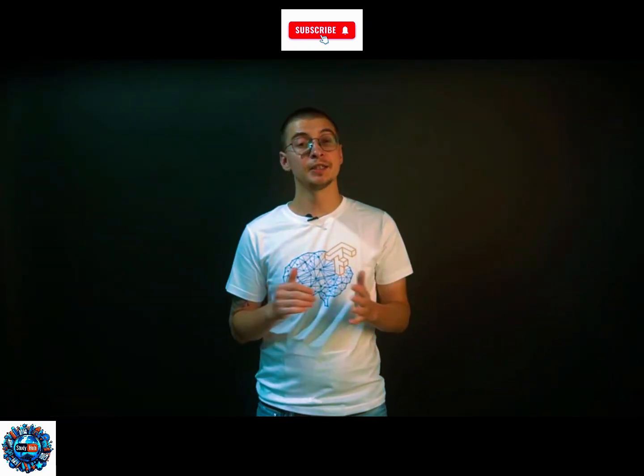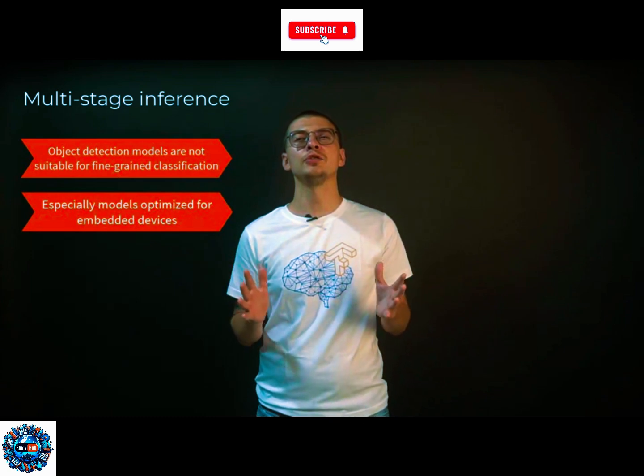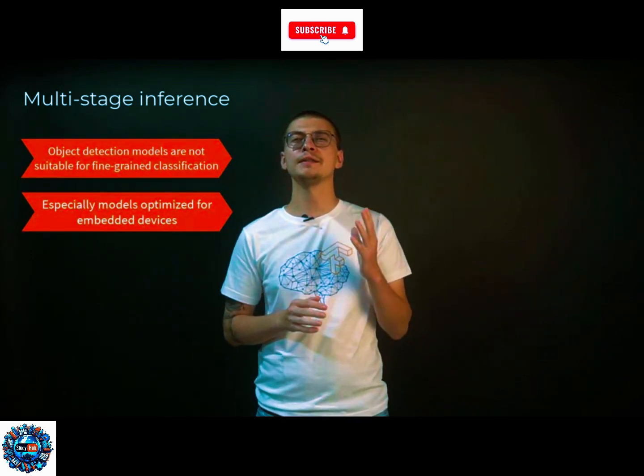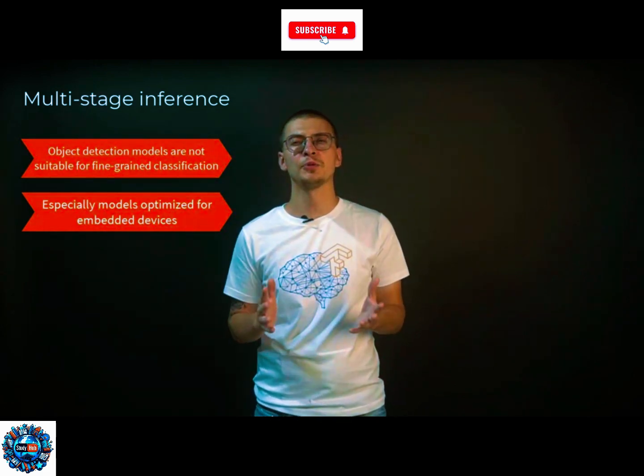What is the main benefit of using multi-stage inference? Object detection networks in general, and the ones used on embedded devices in particular, are not very good at distinguishing between multiple similar classes of objects.